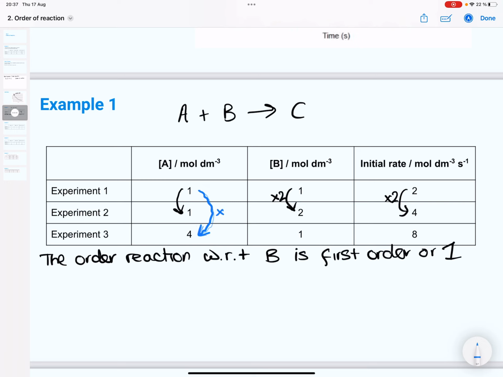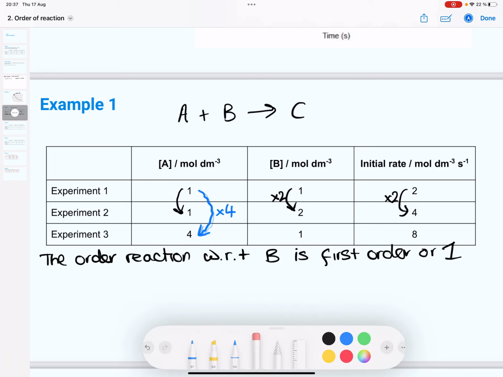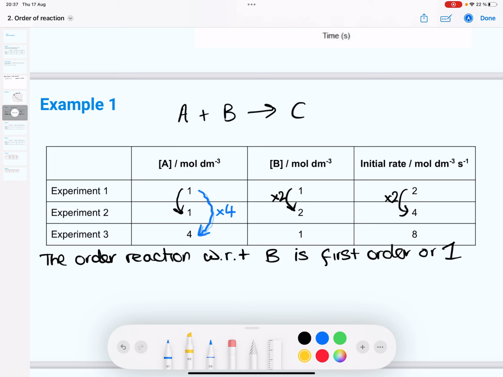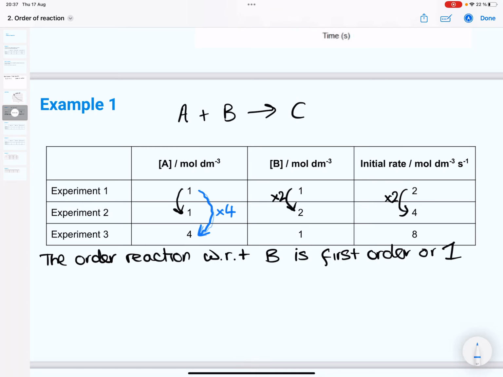As you go from experiment 1 to experiment 3, A has increased by a factor of 4. You can now see that B has not increased, but look at the initial rate this time.